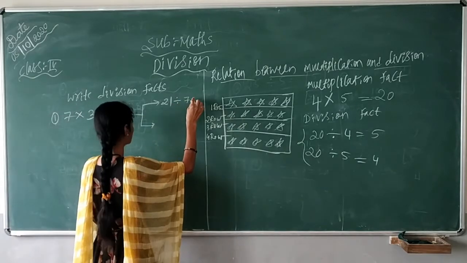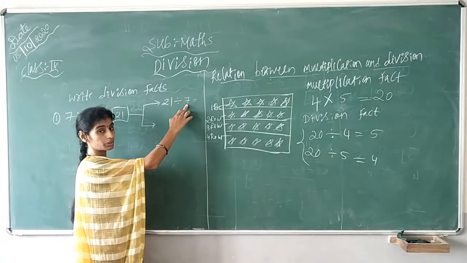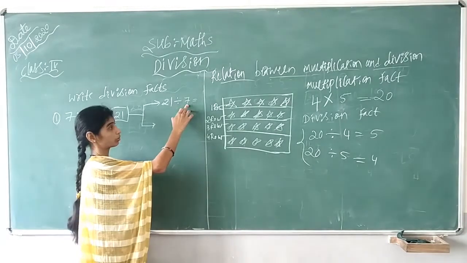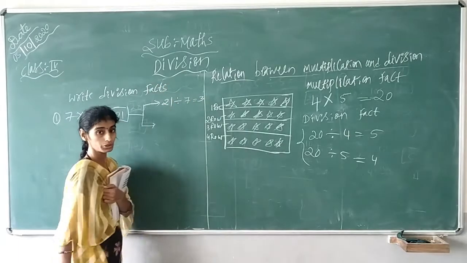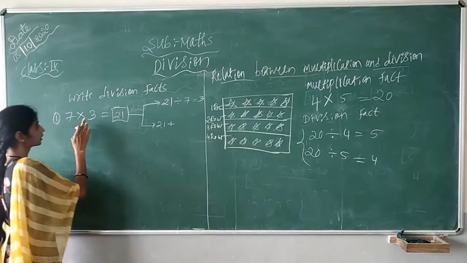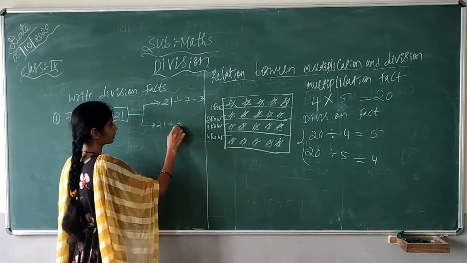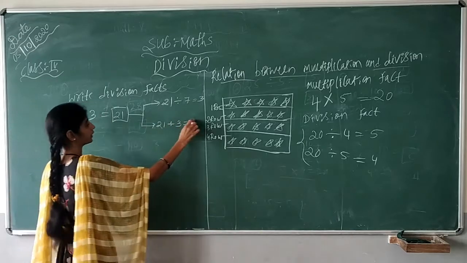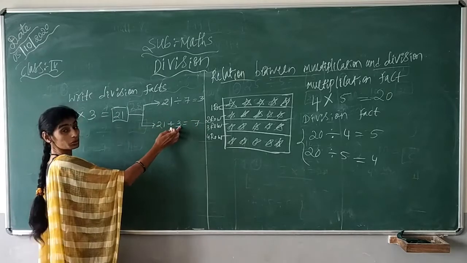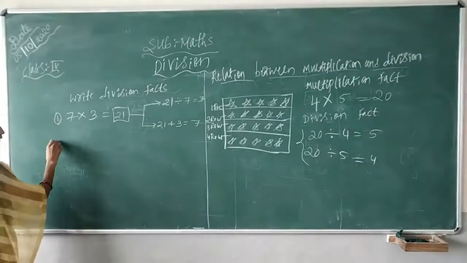So what answer will you get, children? 7 threes are 21, so 21 divided by 7 is 3. Second time, again you have to take the product, then divide. Already you have divided by the first number, now divide by the second number. So 21 divided by 3, you are going to get the answer as 7. You all know 3 sevens are 21.